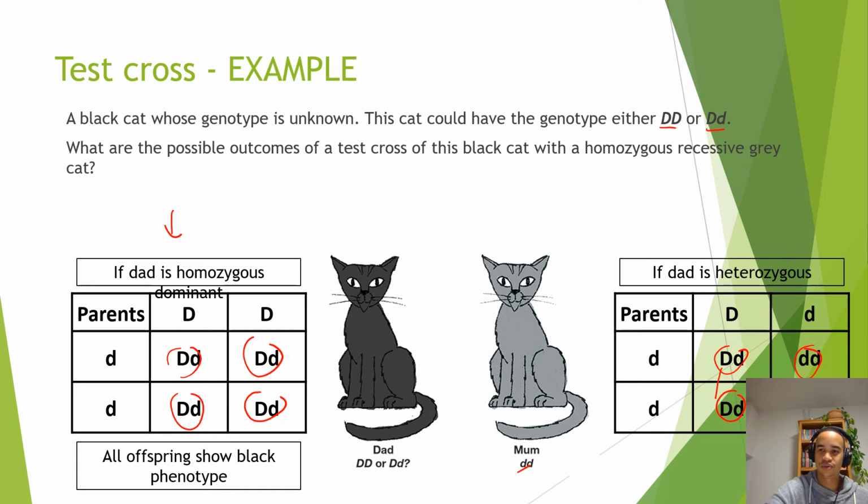So 50% would have black fur and 50% would have gray fur. So if we did this cross, say 10 times, and we saw a kitten that had gray fur, then we would know immediately the dad must be heterozygous.